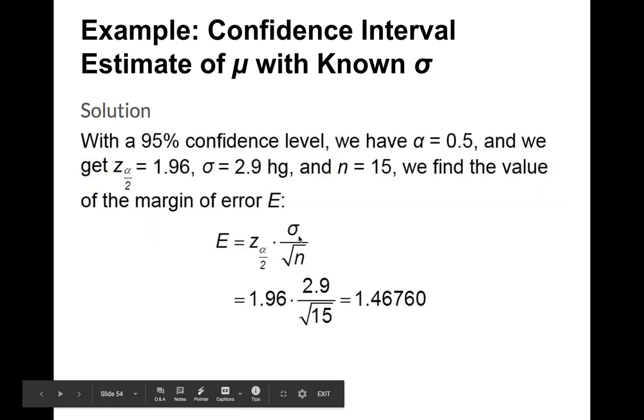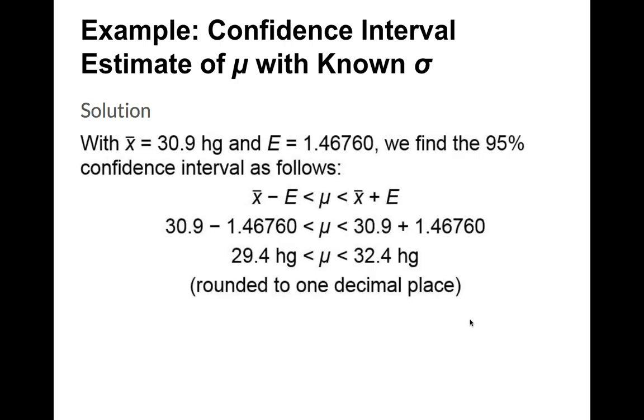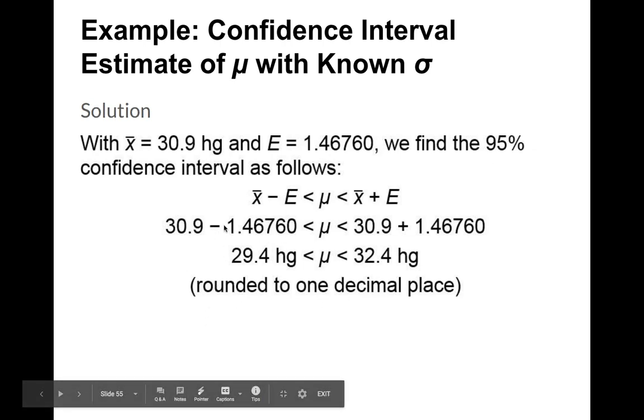So now we move on to finding the margin of error. Since we're looking at a 95% confidence level, our critical value is 1.96. Standard deviation of the population is 2.9, and our sample size is 15. We plug those into the equation for margin of error, 1.96 times 2.9 divided by the square root of 15, which is 1.46760. We can leave our error like that, nice and long, and then round to one decimal place in the end, or we can round it now.